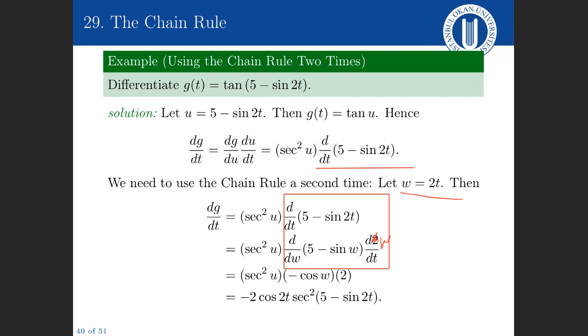The derivative of 5 minus sine 2t is the same as d dw of 5 minus sine w, multiplied by dw dt, or minus cos w multiplied by 2.